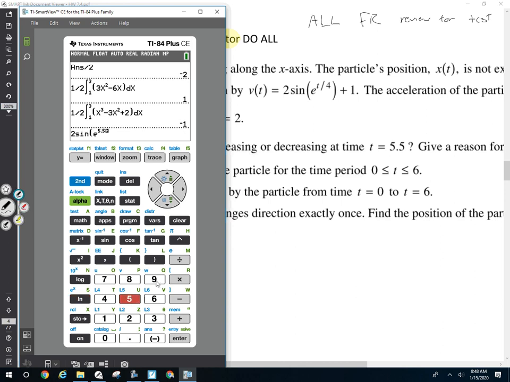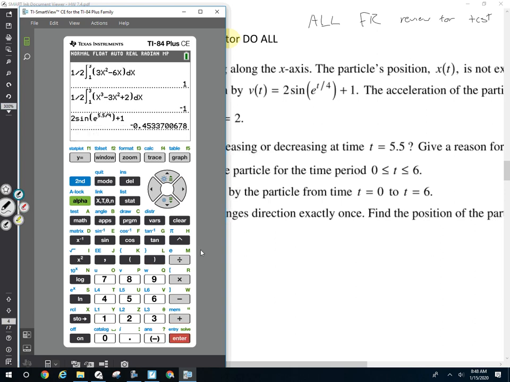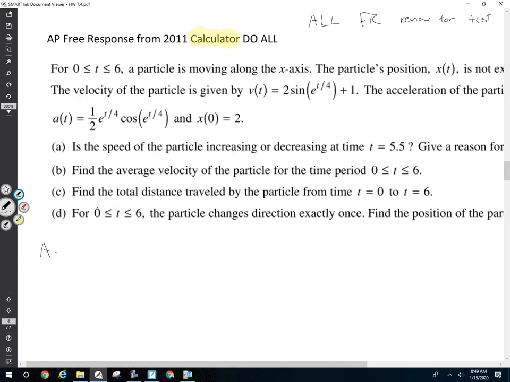So I got 2 sine of e to the 5.5 over 4, plus 1. So I get v of 5.5 is negative 0.453. So that means I'm traveling to the left. Let's find my acceleration at 5.5.